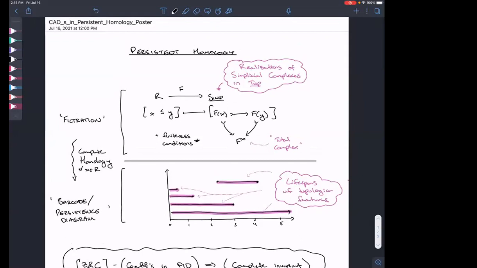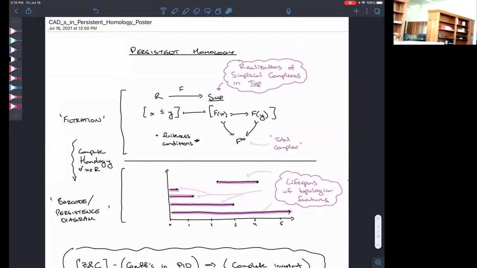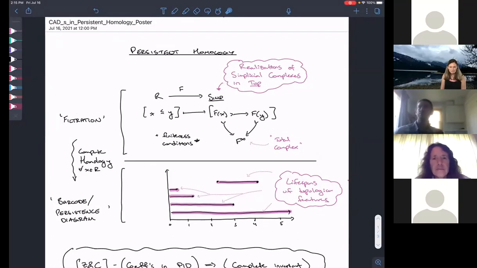So first of all, in persistent homology, one usually studies nested sequences of simplicial complexes. If you have that x is less than or equal to y, parameterized by the real numbers in this case, then the complex f of x is contained in the complex f of y.